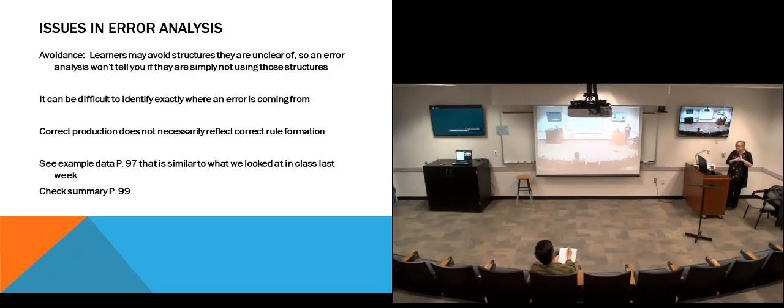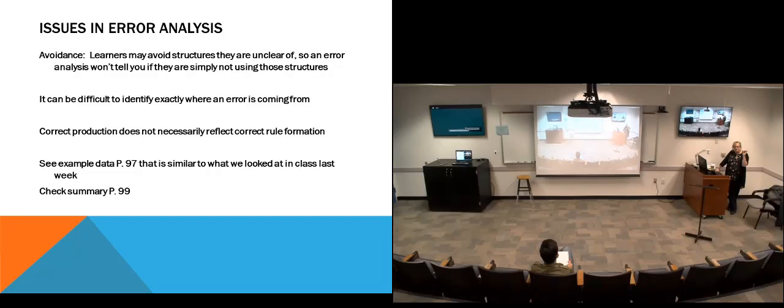Correct production doesn't necessarily reflect correct rule formation. What do I mean by that? Think of the Japanese girl in month 1 and month 2. In month 1, her question structure, her production was 100% correct, exactly.